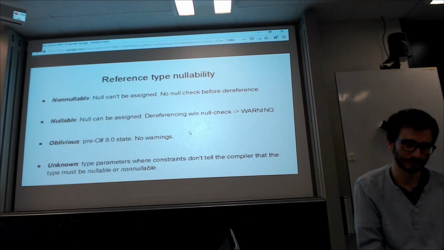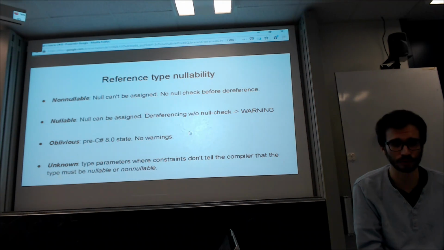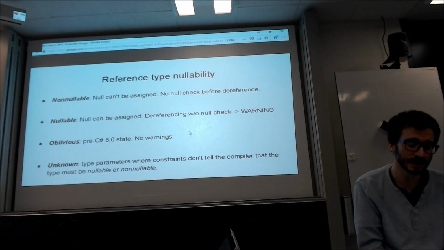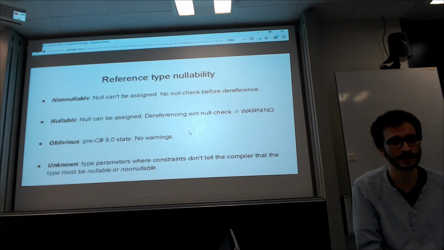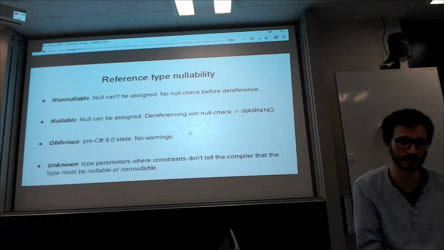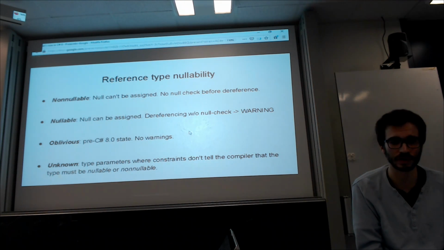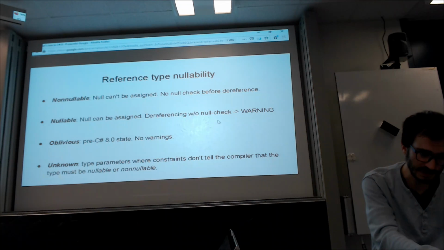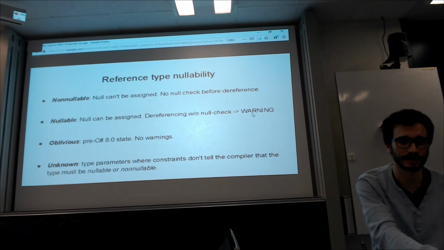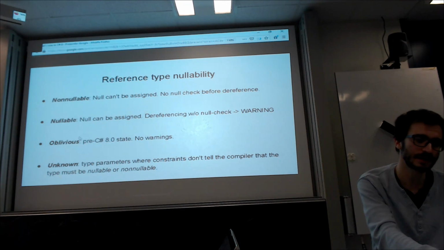Nullable means basically what we've been working with until now. Null can be assigned, and the compiler won't complain. However, if we dereference a nullable reference type without doing a null check on it, the compiler will emit a warning. So this will help us find it early.